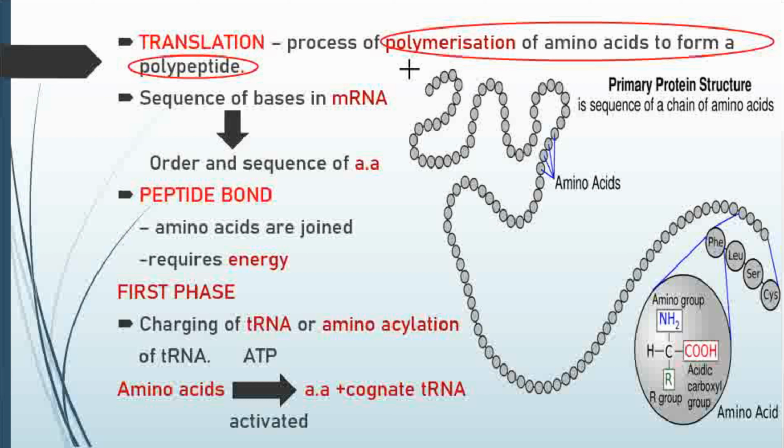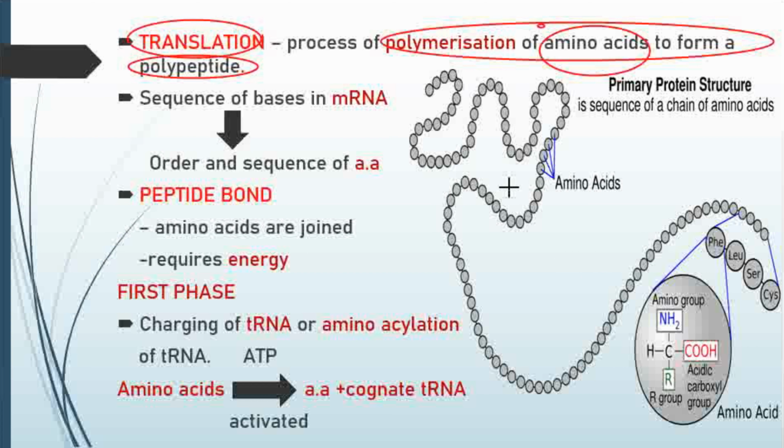It is the process by which small molecules, monomers, combine to give us a very large chain or network-like polymer. In this case, the amino acid is the monomer, the polypeptide is the polymer, and the process of polymerization here is translation.